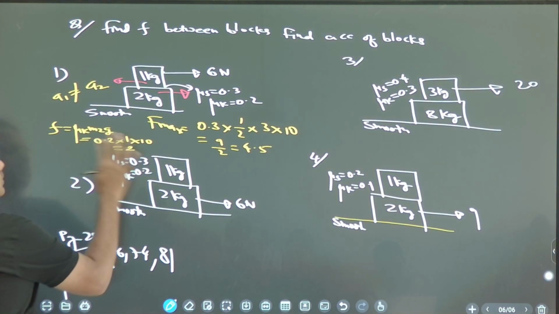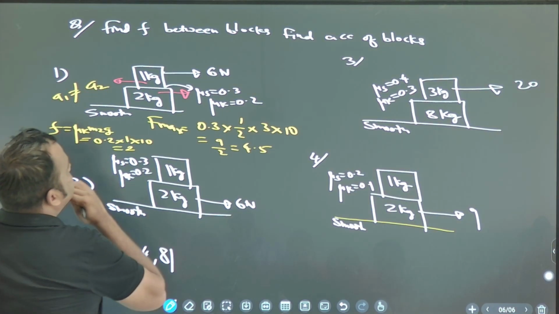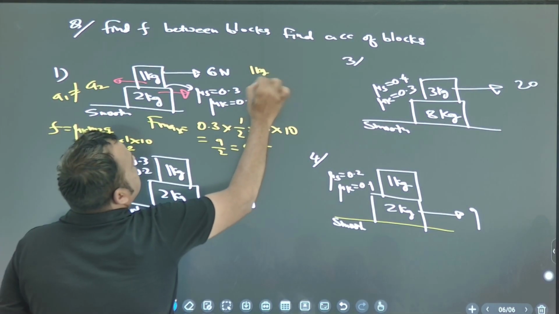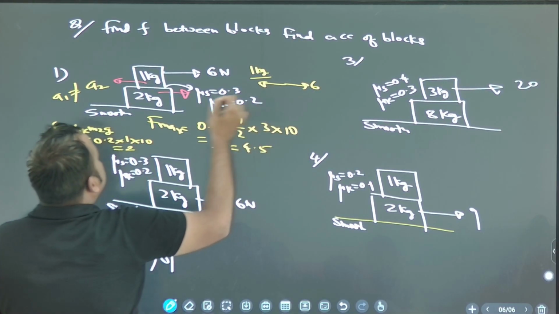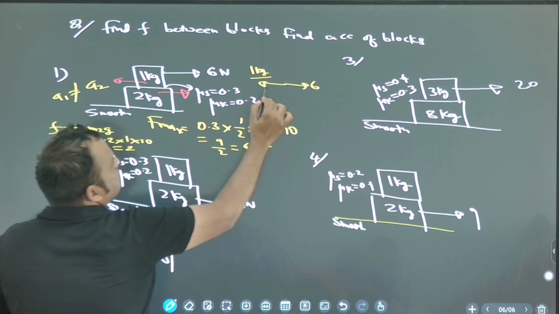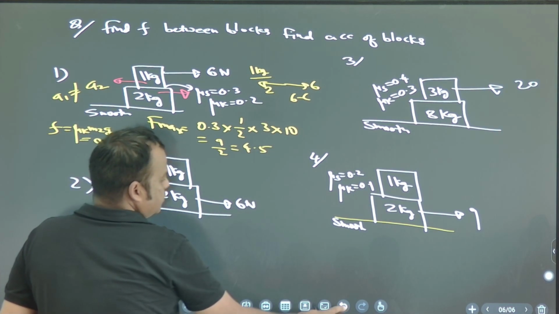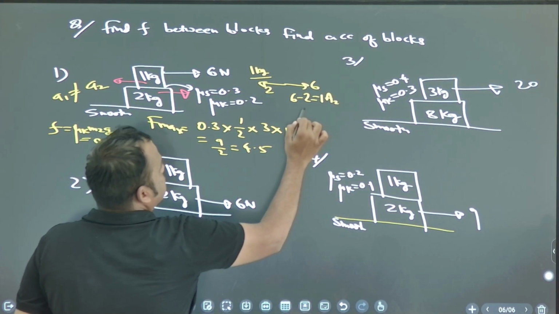Okay, now let's find the acceleration also. So slip. So for the 1 kg, right side is 6, left side is friction, 6 minus 2 is equal to 1 into a2.